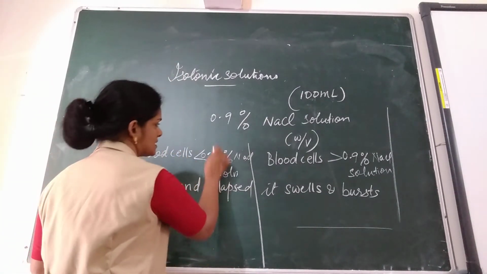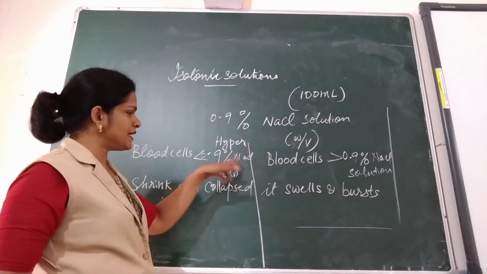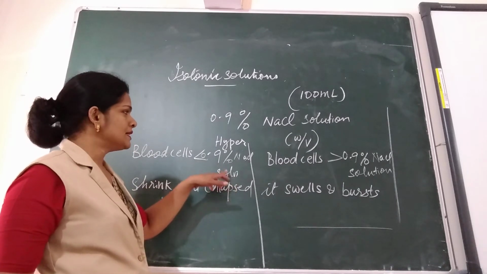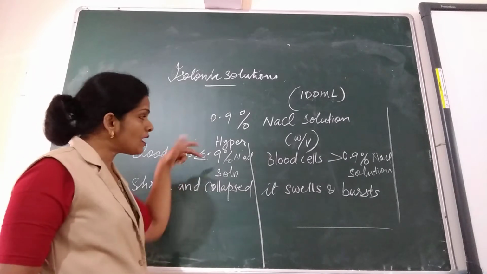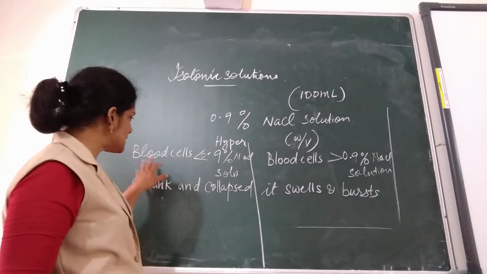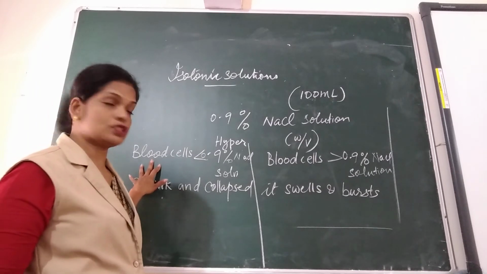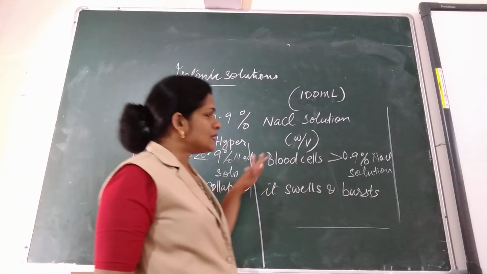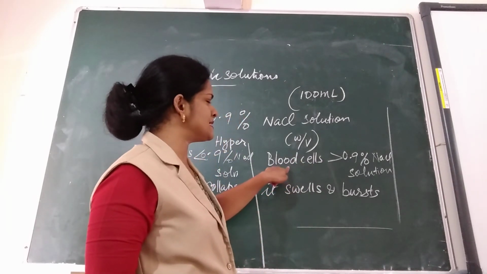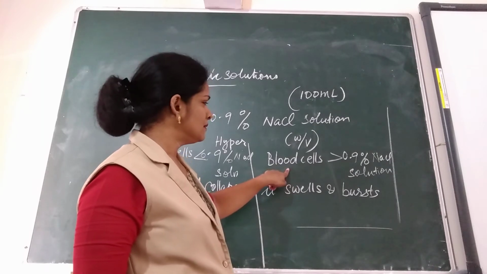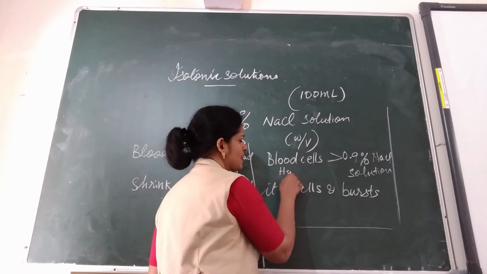So here, compared to the blood cells, the solution of higher concentration and higher osmotic pressure is hypertonic, and the one of lower concentration and lower osmotic pressure is hypotonic.